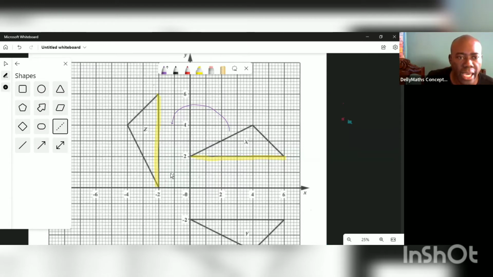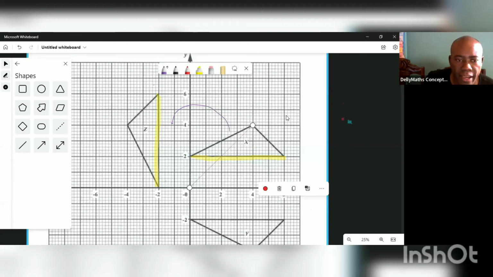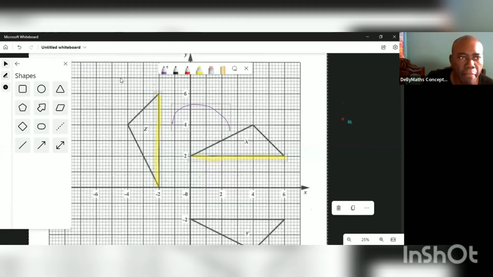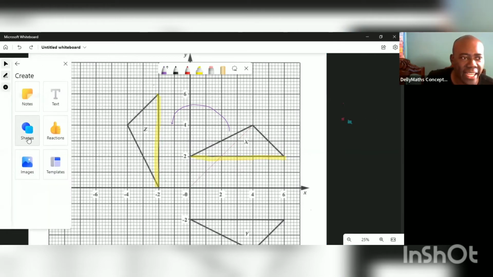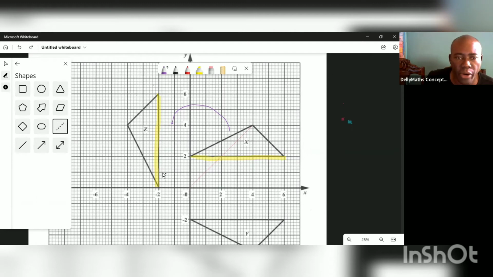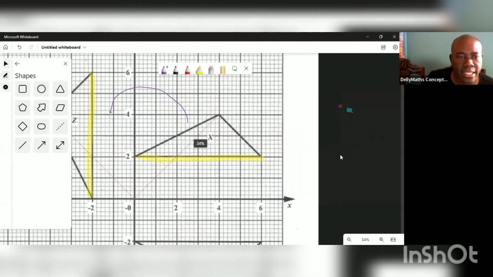If I connect any two corresponding points to the center, let us say this point here to the center, let me use red, and then I connect its corresponding point, which would have been this one here, to that center, you should see a 90 degrees coming out. Let's take a look at that.